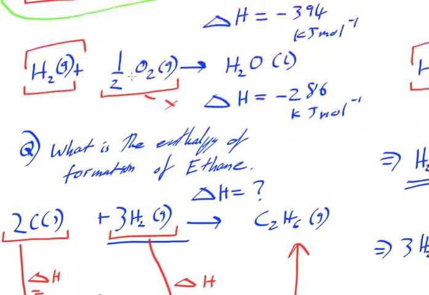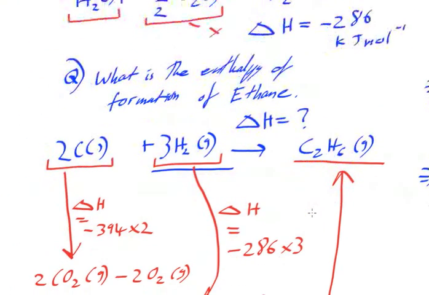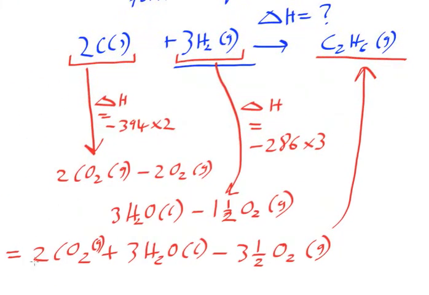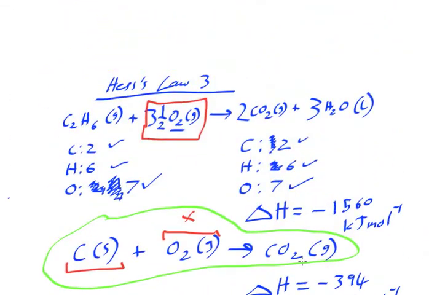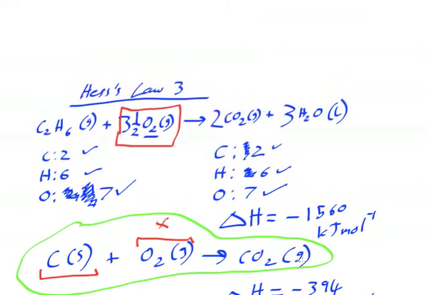So if I go down, I'll see that my C2H6, there it is all by itself. And the bit over here, there's that and that. So all the way up here, I need to get this red box onto the right hand side.